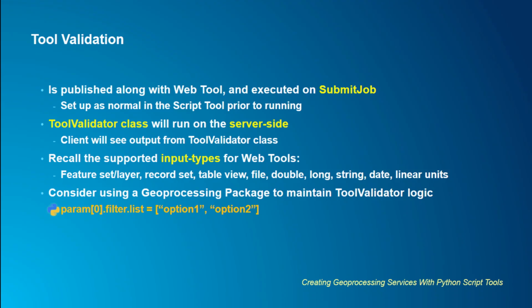The other consideration you're going to want to have is that if your tool validator logic is giving you some trouble, or if the client is not able to really validate the input the way you want them to and the way that will help them best, it's good to consider maybe just publishing the script tool you've built as a geoprocessing package, something they can download, work similar as a zip file, and they can just extract that tool straight out of the toolbox, straight out of the geoprocessing package, and then the tool validator class should be there for them to utilize and get the right input going.